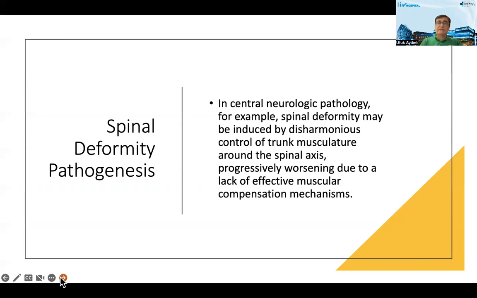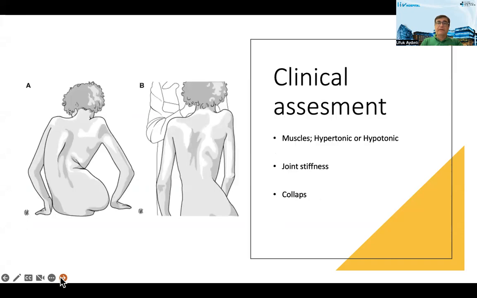When we look at the spinal deformity pathologies, we can explain it like this. In central neurologic pathology, for example, spinal deformity may be induced by disharmonious control of trunk musculature around the spinal axis, progressively worsening due to a lack of an effective muscular compensation mechanism.